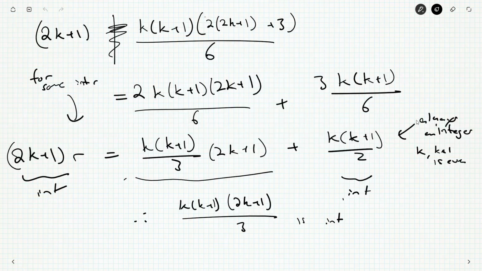So if I move the 2k plus 1 around to the other side, no, I'm not liking the 2k plus 1.